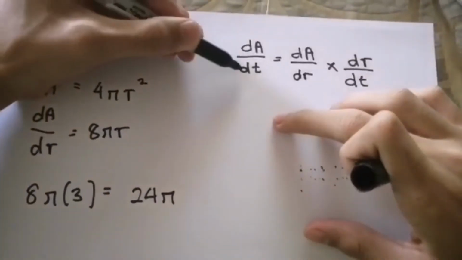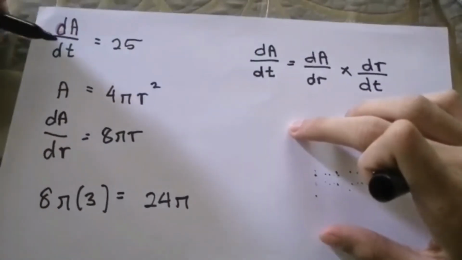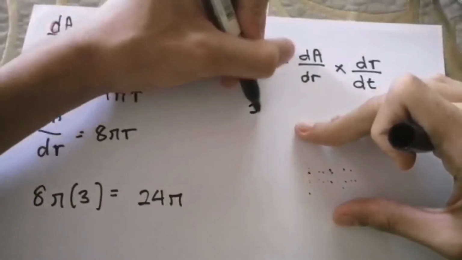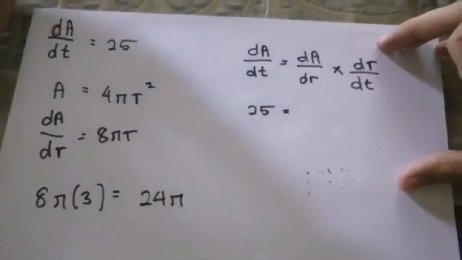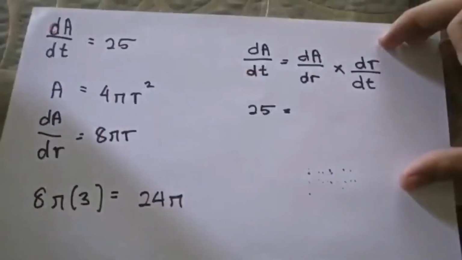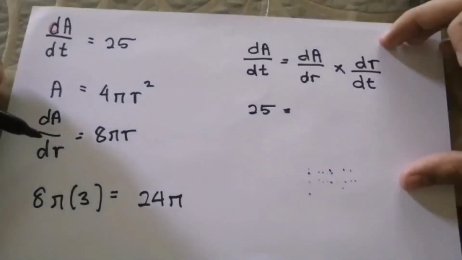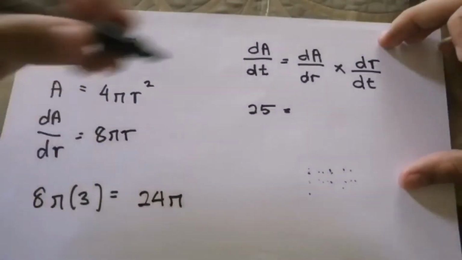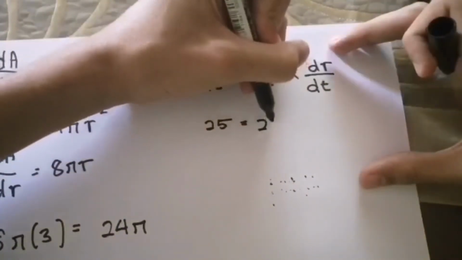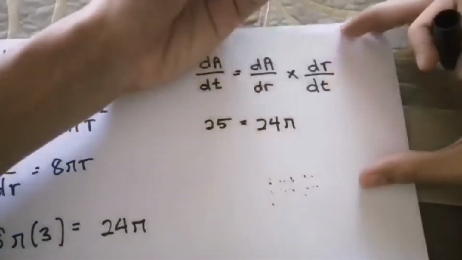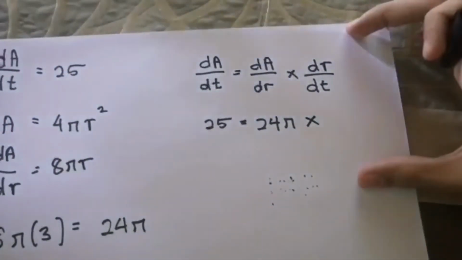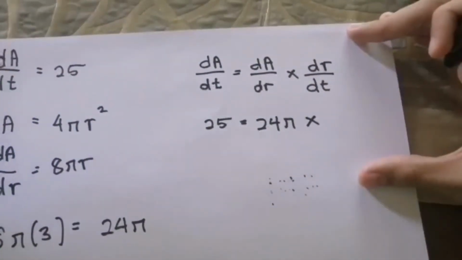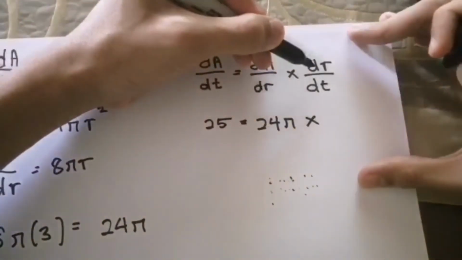We know that dA over dt is 25 from here. Then we also have dA over dr, which is here, for radius 3 it is 24 pi, times what the question needs, the rate of increase of the radius.